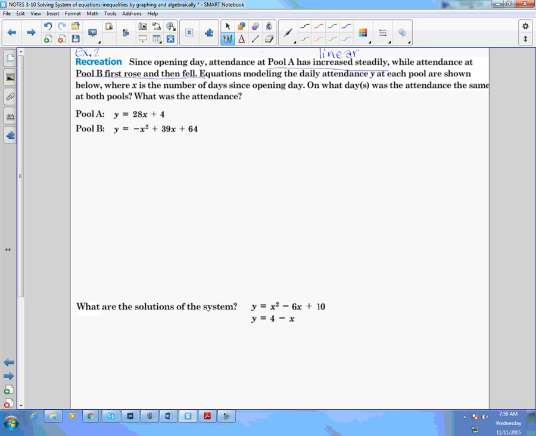Okay, the equation is modeling the daily attendance y. Do you know what the variables represent? Is that important? So what's y? Right, daily attendance is y. What is x?